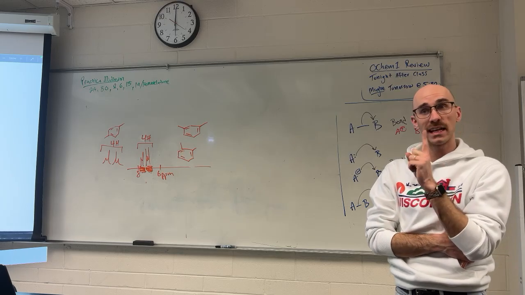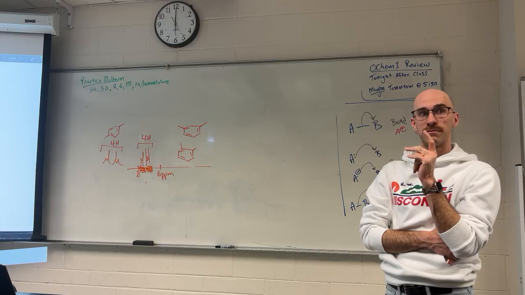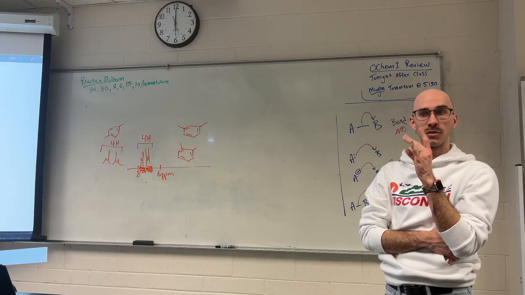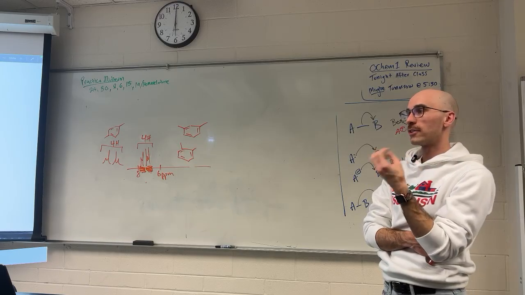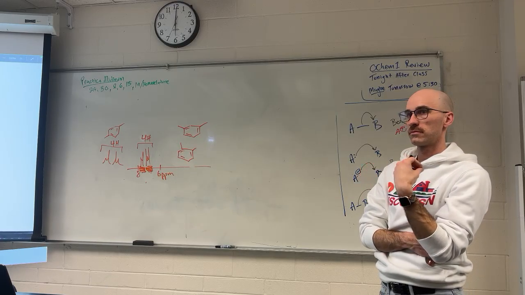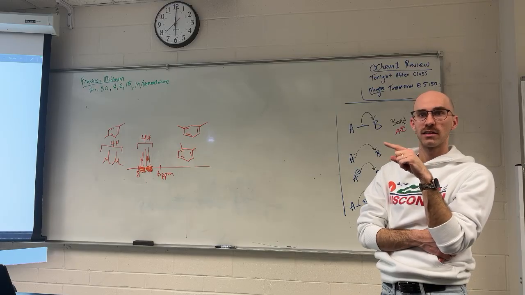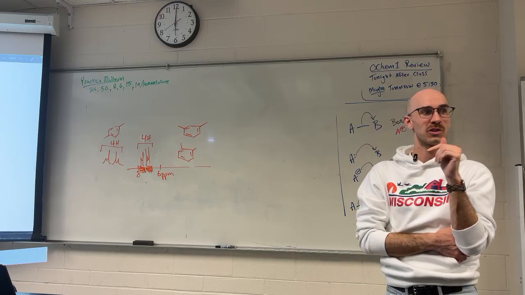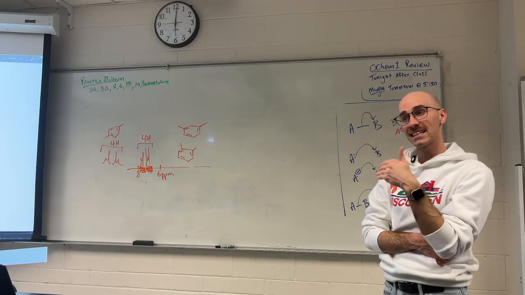One is actually a mistake that I had on a number of your part Bs. I put the wrong integration. I think that happened on yours, Britton. I put the wrong integration on one of the signals, which meant the total number of hydrogens on the NMR spectrum added up to 8.